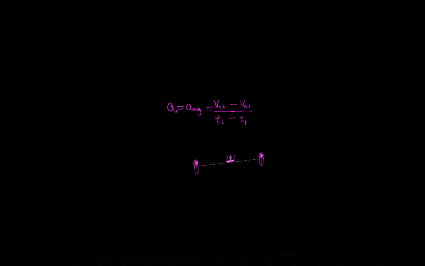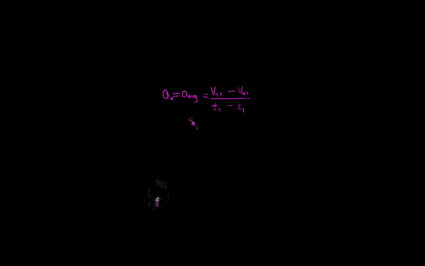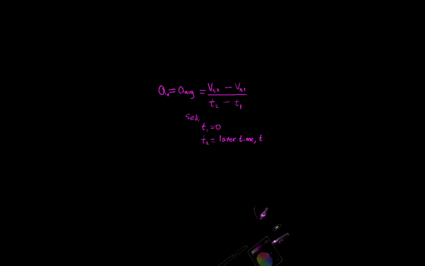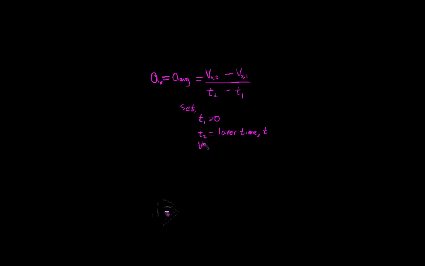Well, if we set t1 equal to 0, and t2 is any later time, we're just going to call it later time t, then v in the x direction at 1 is your initial velocity.